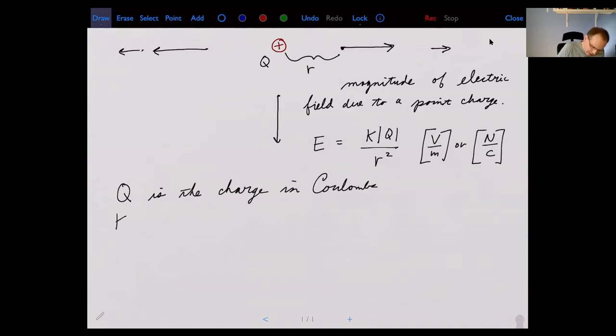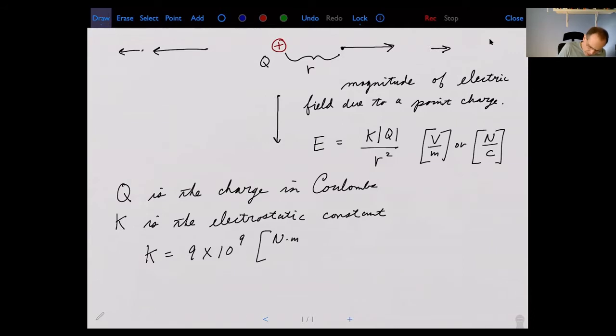K is the electrostatic constant, and its value is approximately 9 times 10 to the 9th. And then the units are newton times meters squared over coulomb squared. But it's just a constant. It's around 9 times 10 to the 9th.